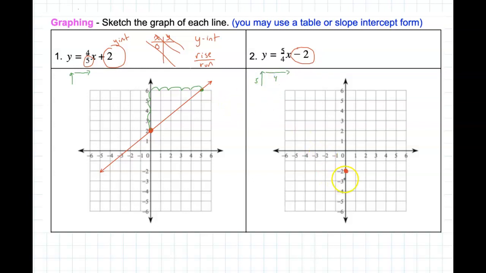Okay. So let's do that. 1, 2, 3, 4, 5. There we go. And then we're going to do a run of 4. 1, 2, 3. When I go to 0 to 4, it just goes here. All right, so that was not so pretty, but it worked.